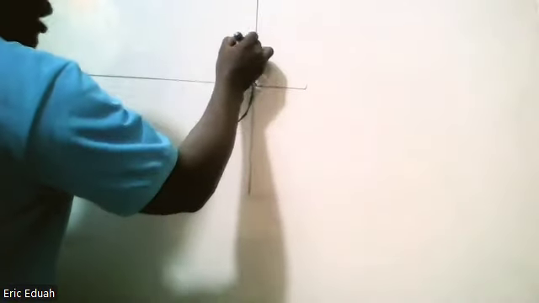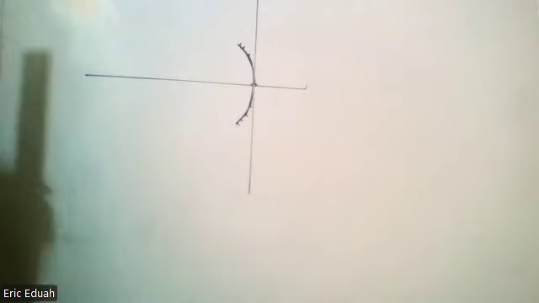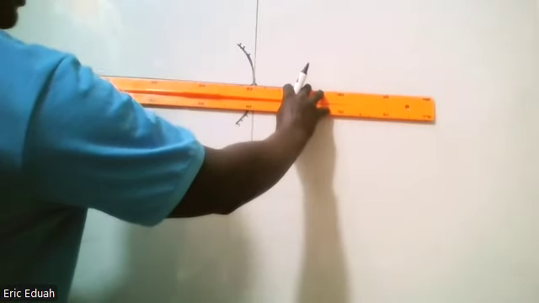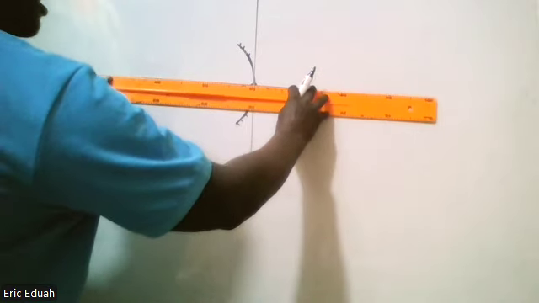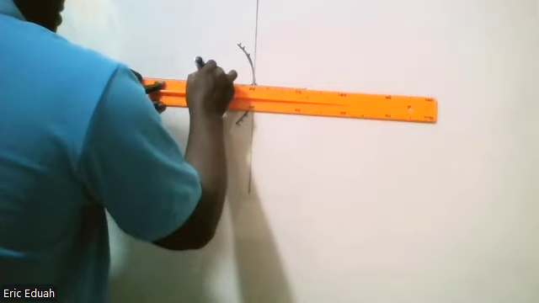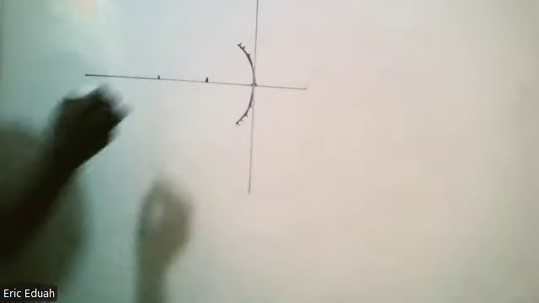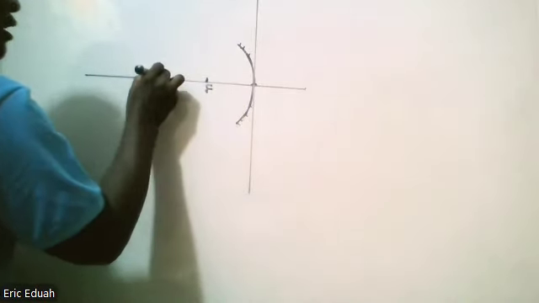And it's a concave mirror. So take your measurement F and C. I'm using 10 centimeter, another 10 centimeter. So this is F, this is C.